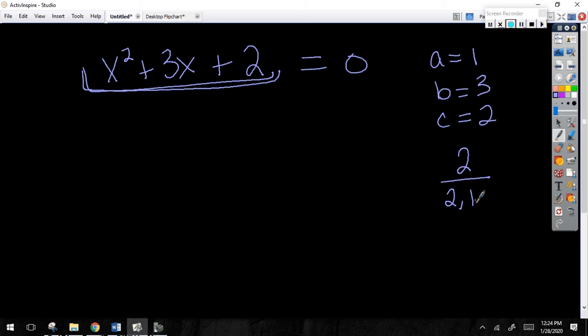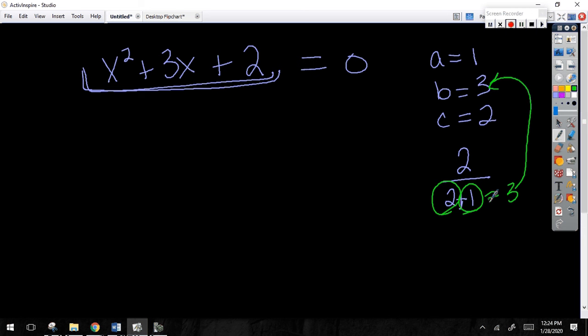Of your list of factors, and in this case it's only 1 and 2, I would look at these, and I want you to see how I'm really just literally reading these step by step off the sheet. Which factors add or subtract to B? Do you see how if I put a plus in the middle here, it would equal 3, which is what the B is in the middle? Okay, so that's how you know that 2 and 1 are the values that you use.